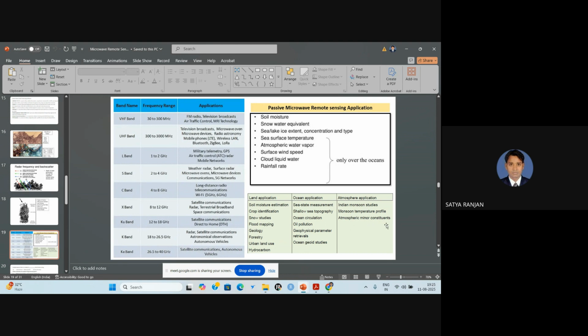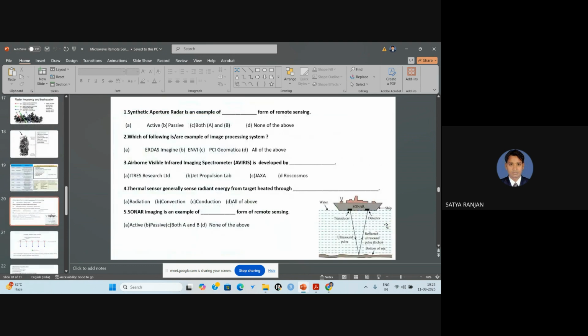So a lot of applications are there, as it measures different height and depth related information in the ocean areas. So it gives different information which is not available from optical remote sensing. After that, we'll discuss some multiple choice questions based on hyperspectral, thermal, and microwave remote sensing.